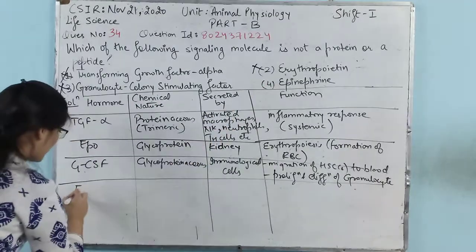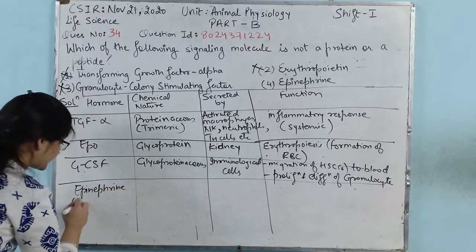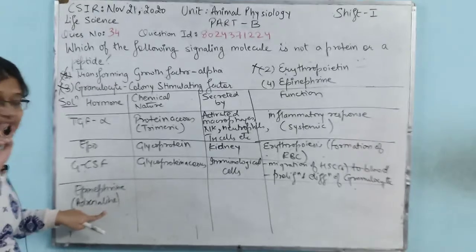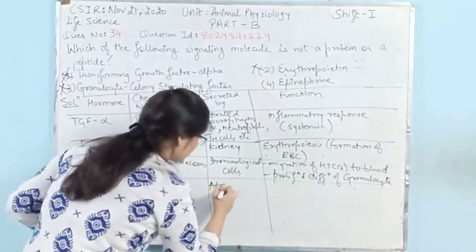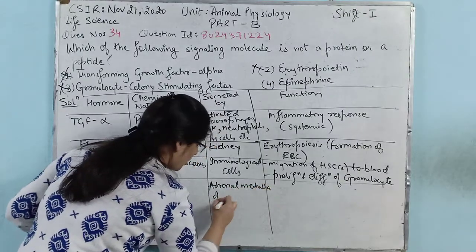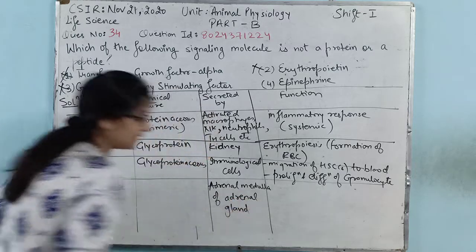Then epinephrine. Epinephrine, which is also known as adrenaline hormone, is the one which is secreted by the adrenal medulla portion of the adrenal gland.